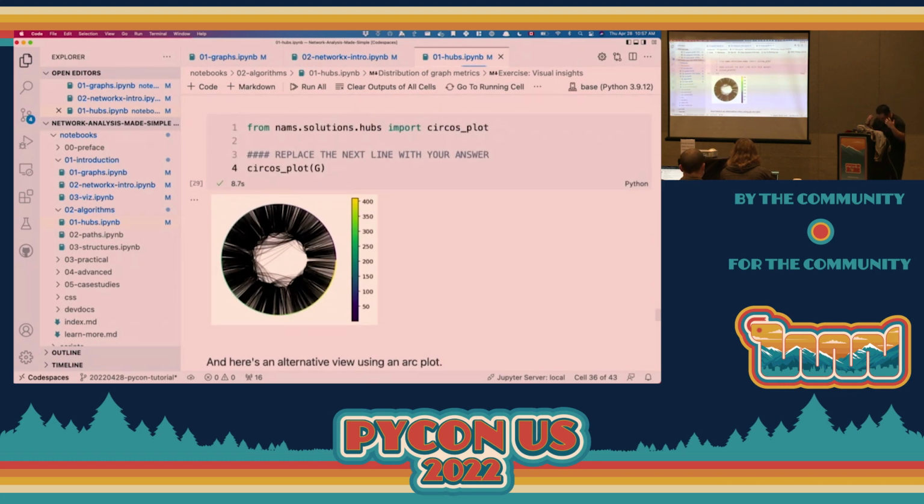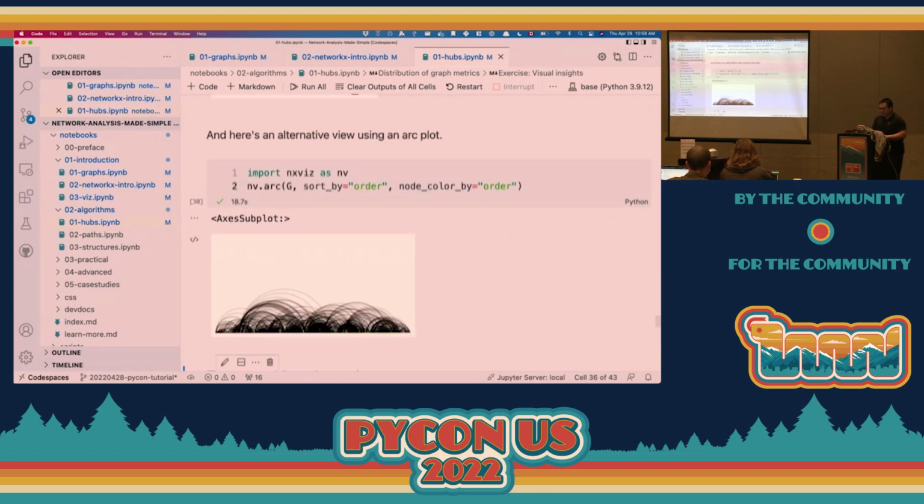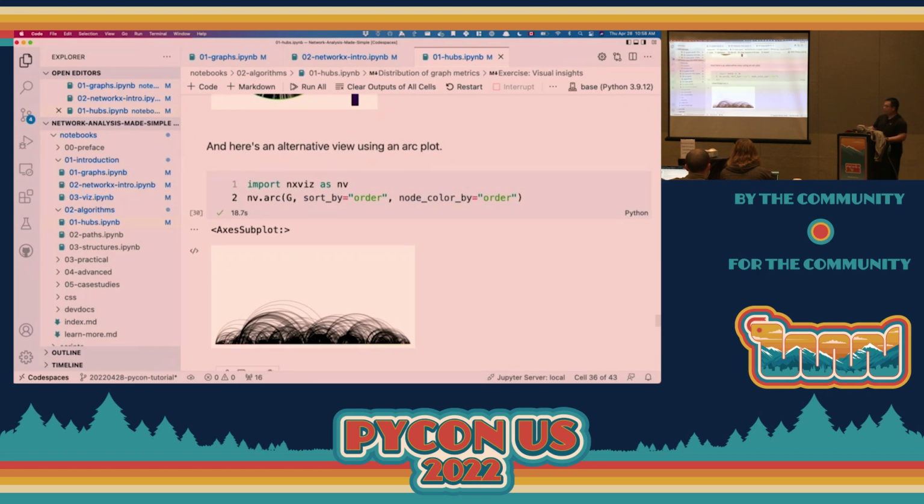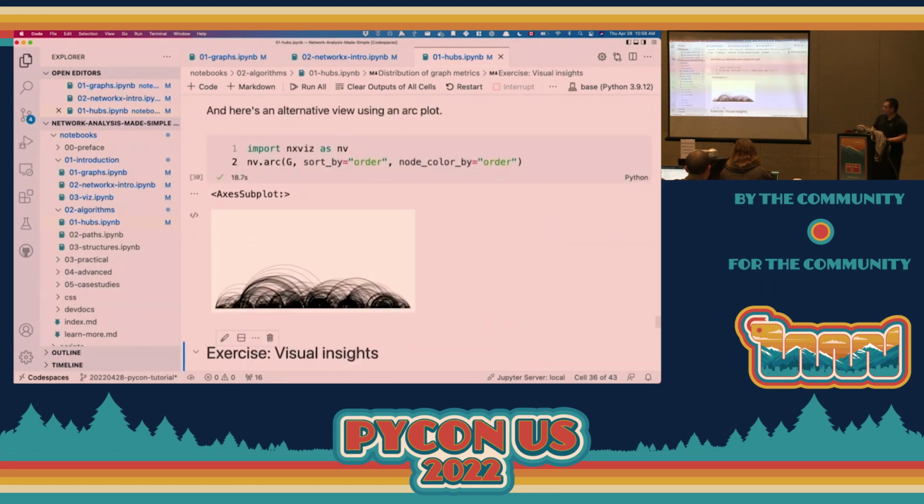This is a great data set of people moving through the exhibit and asking whether they had face-to-face contact, right? So we're going to plot two views on the graph. One is the Circos plot, and one is the arc plot version. The nodes happen to be ordered by the time in which they entered into the exhibit.